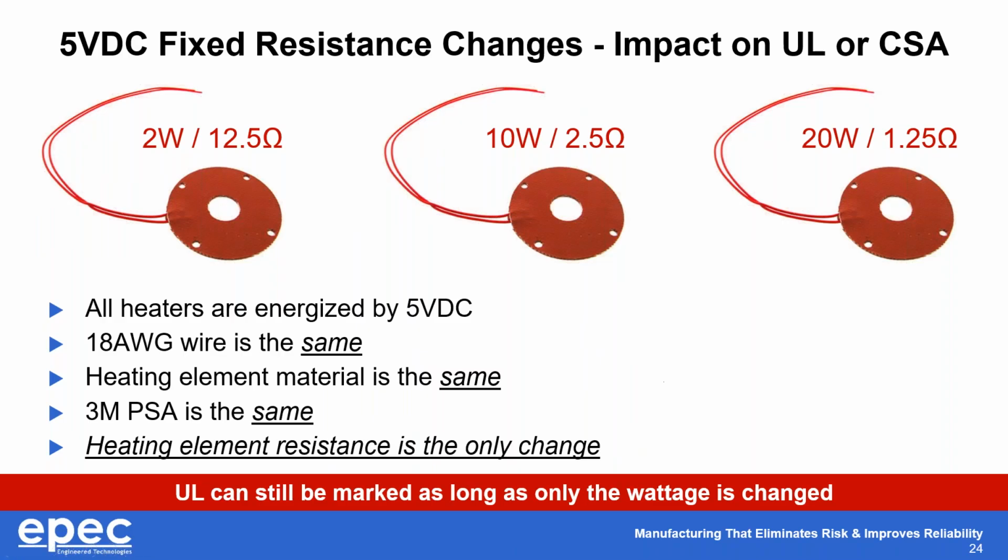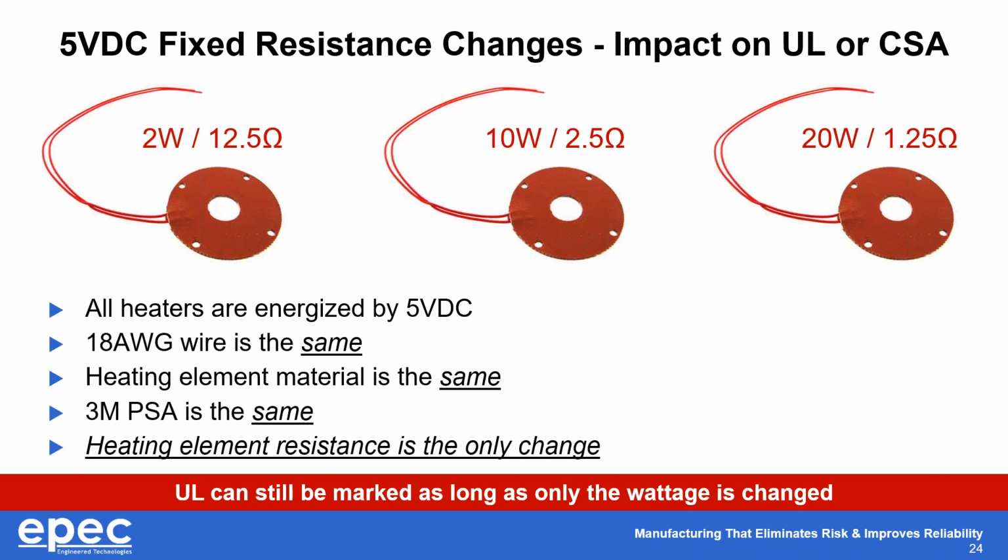This example here is a silicone heater with a very simple wire coming off the end. These three donut-shaped heaters range from a 2-watt heater, 10-watt heater, and 20-watt heater, all at 5 volts DC. These all can be classified under the same UL or CSA certification because they're effectively the same heater.